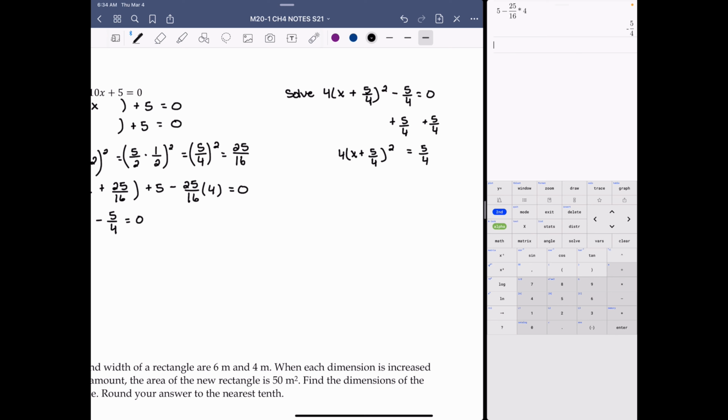Then we have a coefficient in front of the brackets. We need to divide both sides by that. We're left with x plus 5 over 4 squared equals 5 over 4 divided by 5 over 4. That's 5 over 4 times 1 over 4, so 5 over 16. You can also just plug it into your calculator. Math, fraction, 5 over 4 divided by 4, 5 over 16.